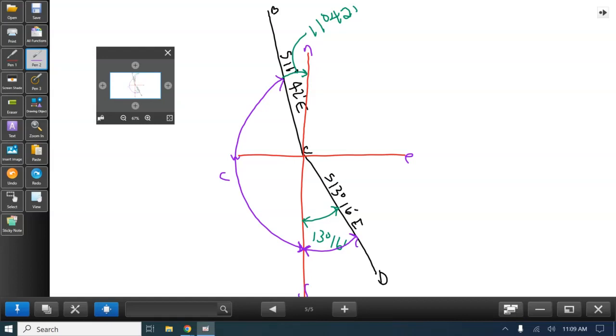So if I knew this was supposed to be a straight line, I took 180 minus the 11 degrees, 42 minutes. And that gave me the rest of that angle. And then you can add your 13/16.